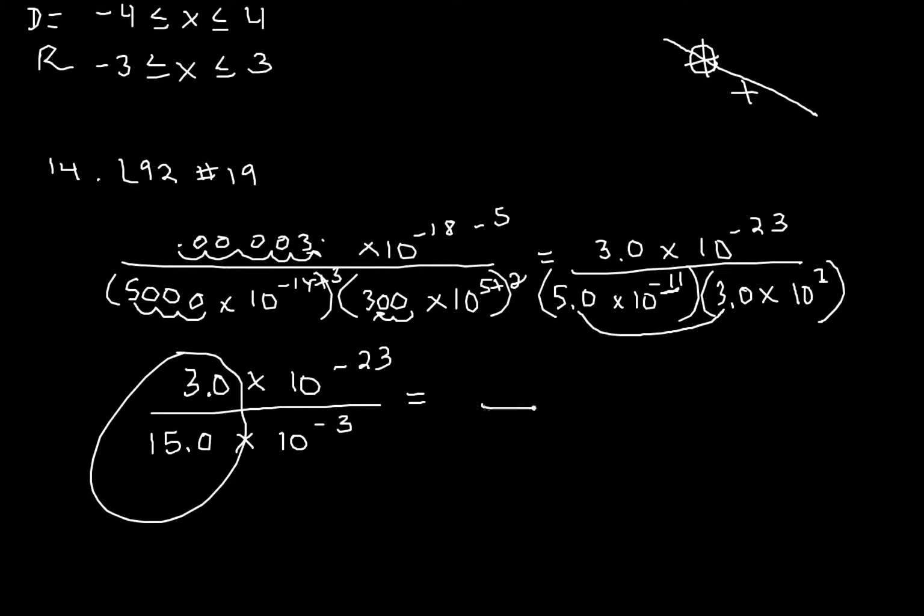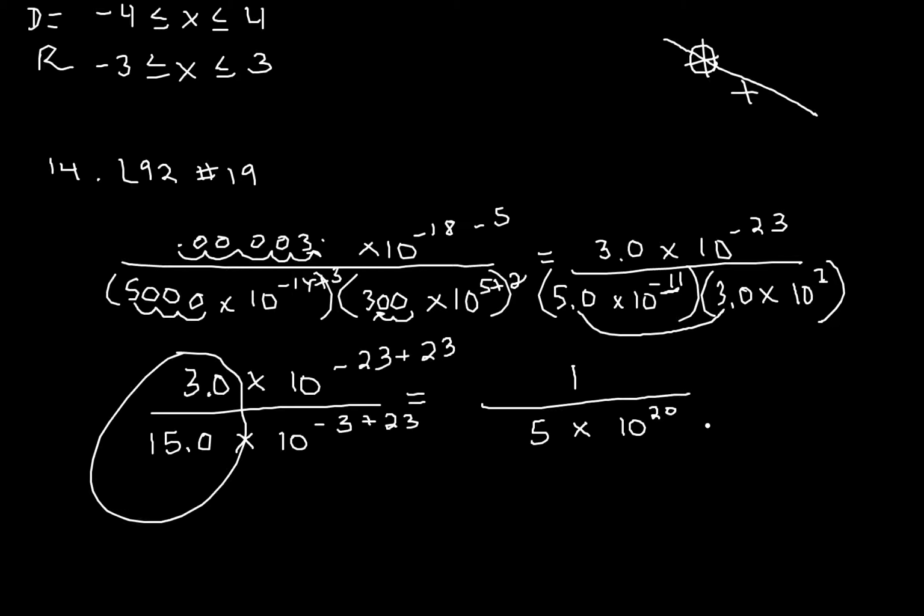We're going to put it in the denominator. 3 goes into 15 5 times, and we're going to move this down here, so we're going to add 23. So we're going to get 10 to the 20th. And I'm just going to leave it like that. So it's in scientific notation. I don't know if that's legal or not, actually.